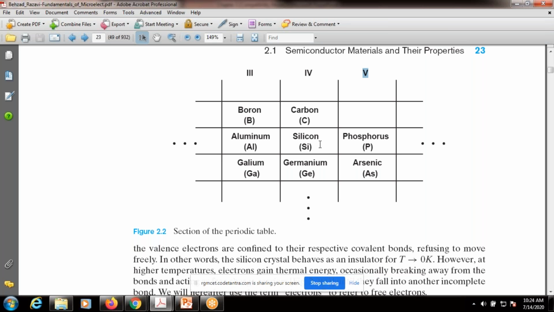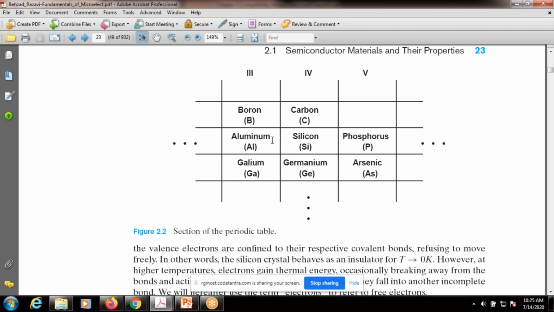Now to modify the conductivity of silicon, to make an n-type extrinsic semiconductor, we introduce phosphorus or arsenic. Why? Because how many electrons are there here? 5 valence electrons. 4 valence electrons form covalent bonds, 1 electron is free. That indicates that more electrons are available if we add phosphorus or arsenic to the silicon.